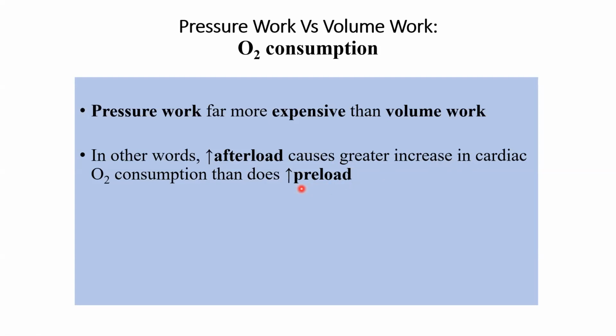If it's stenotic, if it's narrowed, or if there is hypertension in the person, then we say that afterload has increased. What is preload? Preload is the amount of blood that is coming by venous return into the heart.